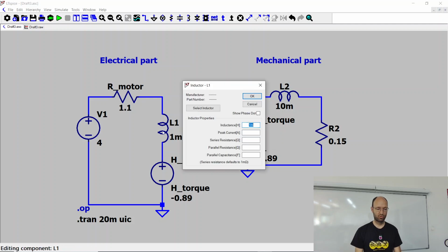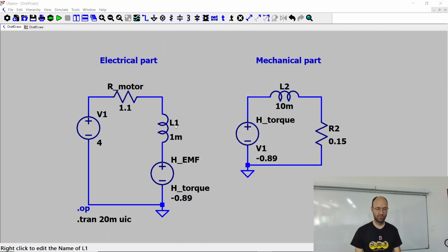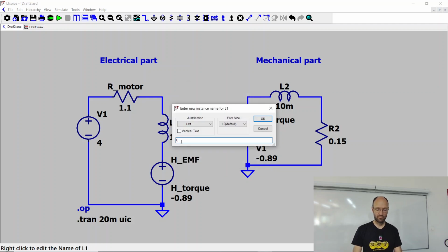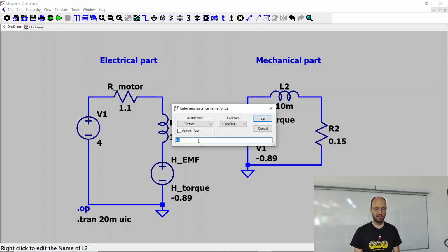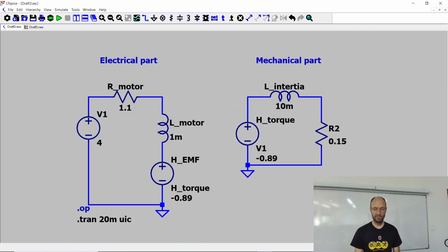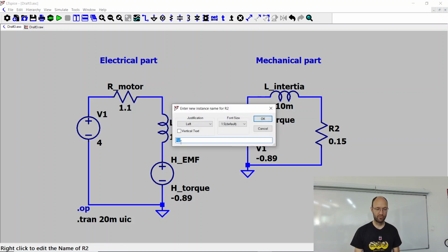resistance, or the coil resistance. This is the motor inductance. This is the inductance that we have for the inertia. And this is the resistance that we have for the friction of the motor, for the viscous friction.